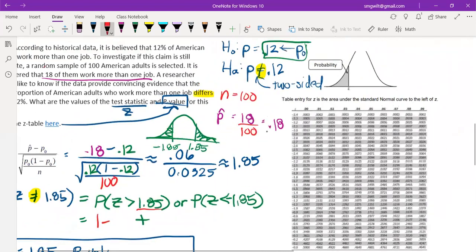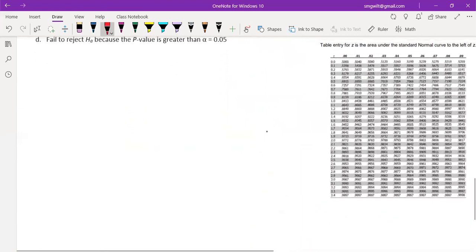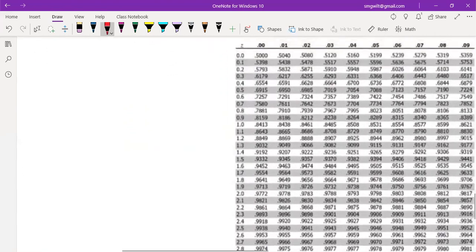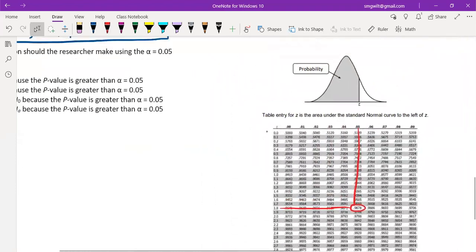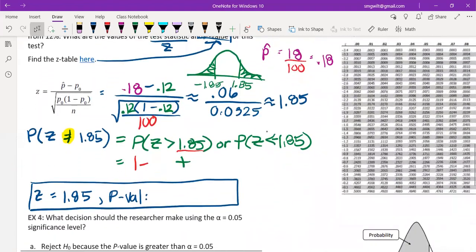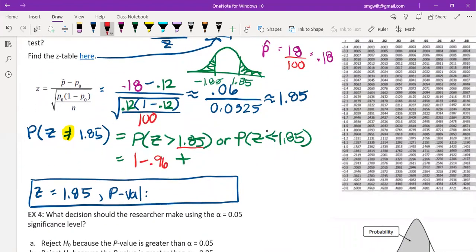So if I look up positive 1.85 on the z table, so 1.8 and then 5 is 0.9678. So 1 minus 0.9678. So again, because this was greater than, that's why I'm doing the 1 minus part.